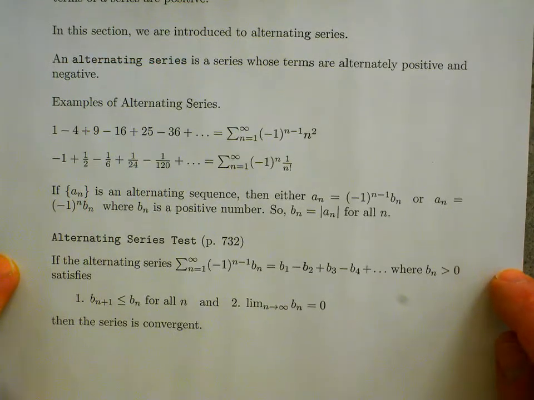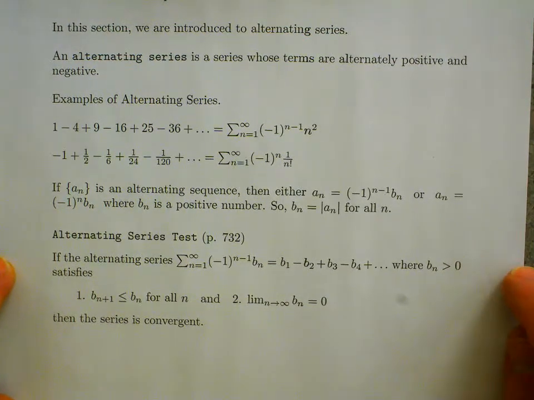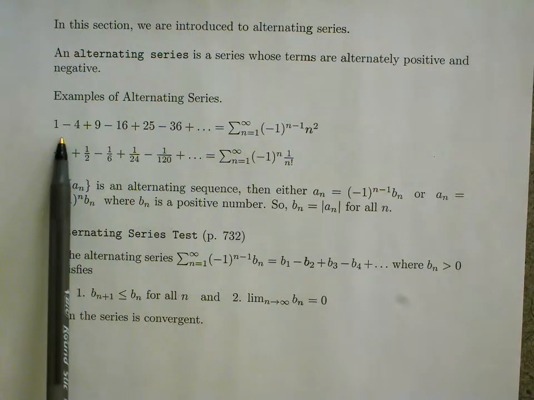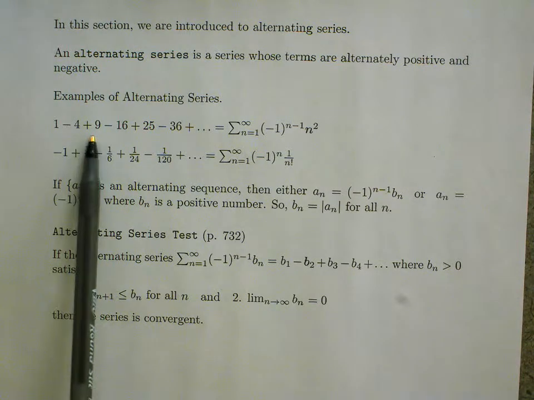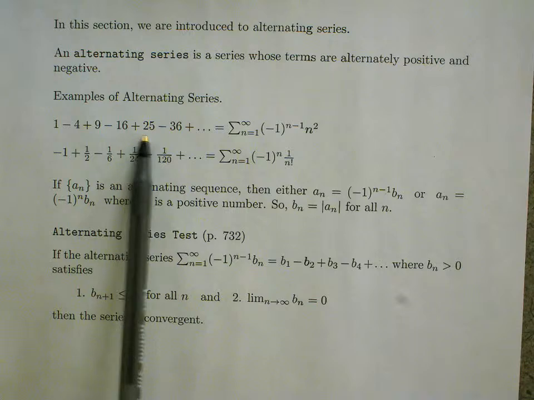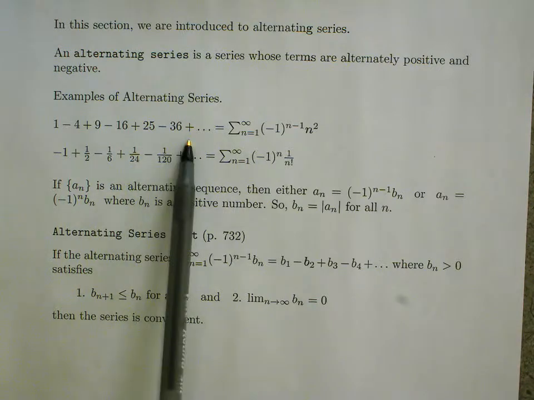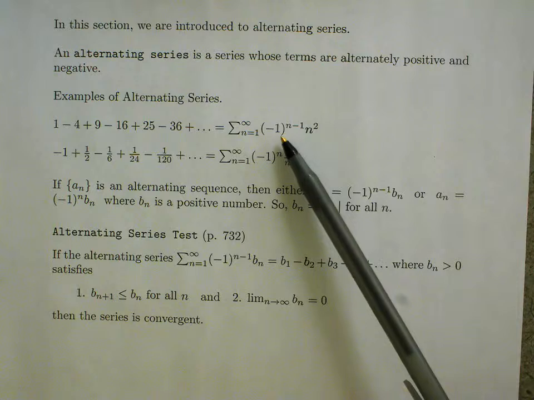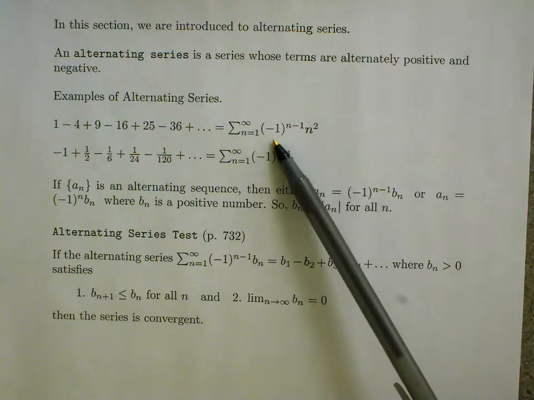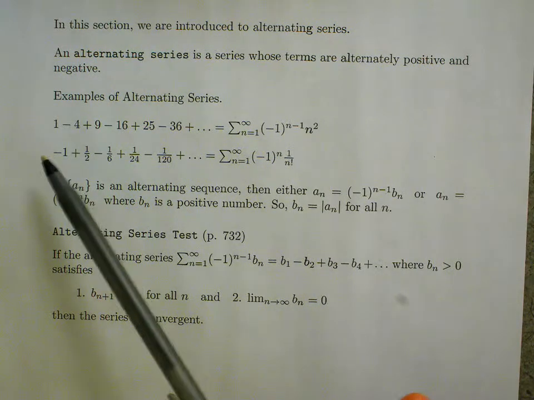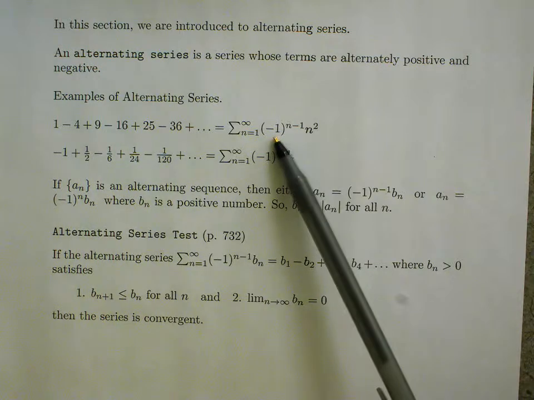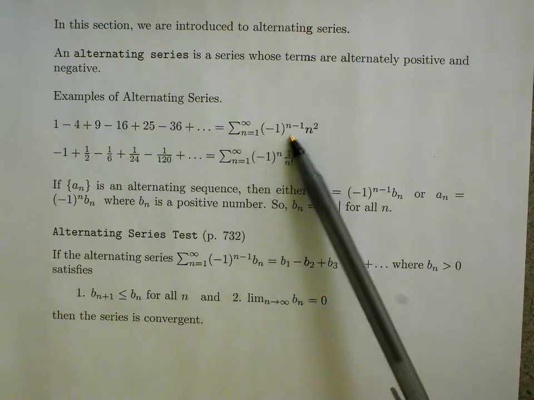Okay, a couple of examples of alternating series. So this one, 1 minus 4 plus 9 minus 16 plus 25 minus 36, and so on. So to get the positive followed by a negative terms, we use negative 1 raised to an exponent involving n.